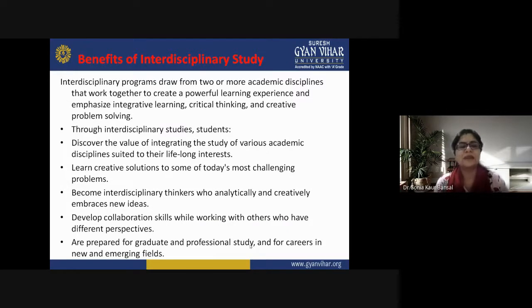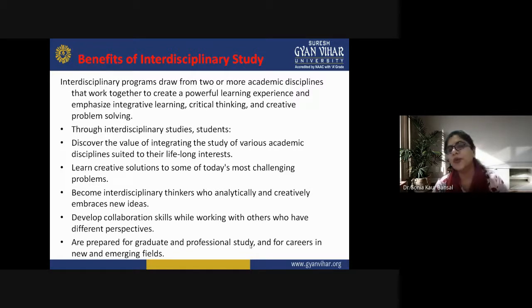Now students, let's have a look at the benefits of interdisciplinary study. How it is very important and how it is going to benefit you. Interdisciplinary programs draw from two or more academic disciplines that work together to create a powerful learning experience.